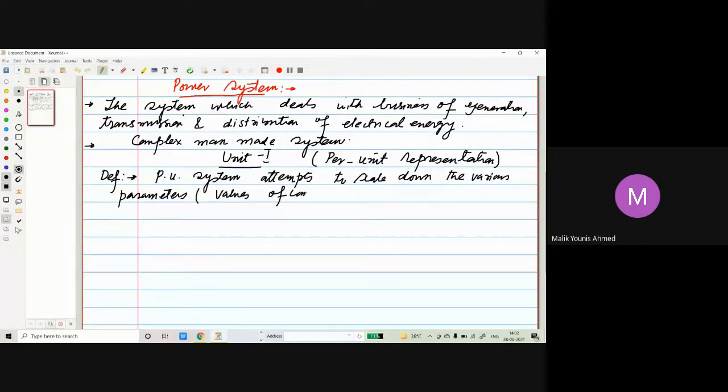Any machine is there, nameplate ratings or other values, or any variable in a power system, so variables of a system.